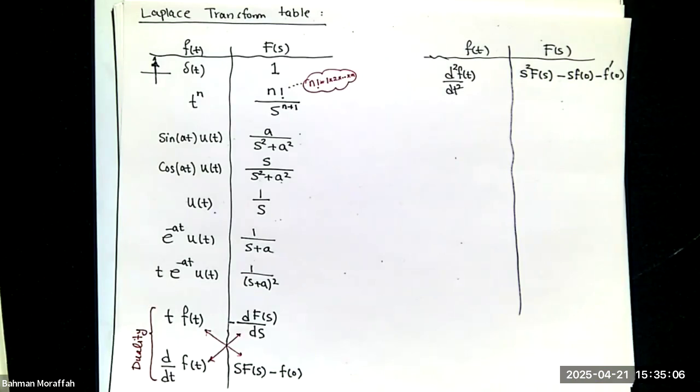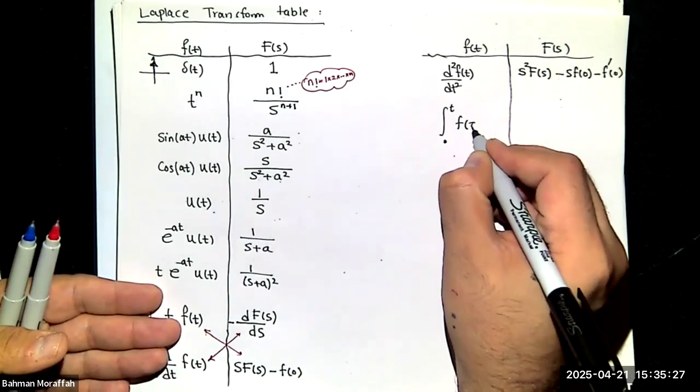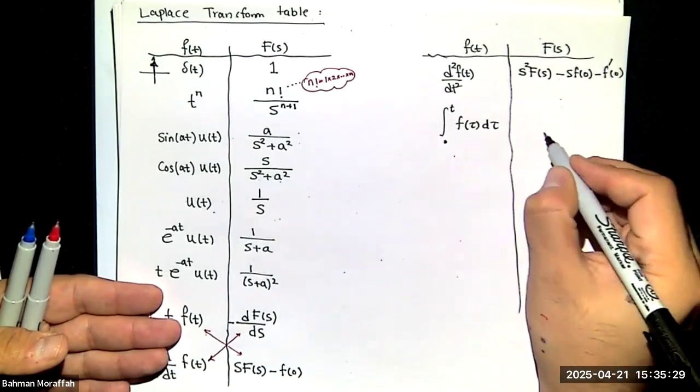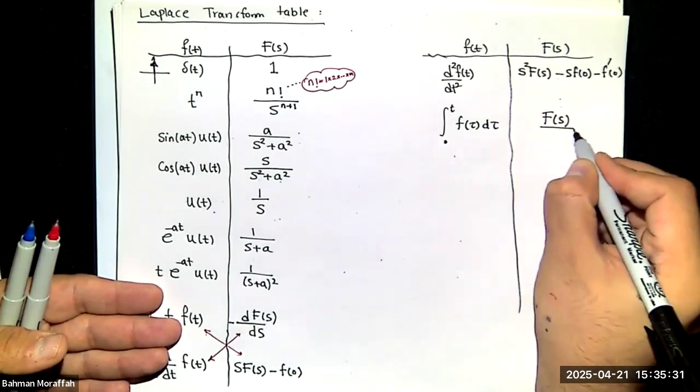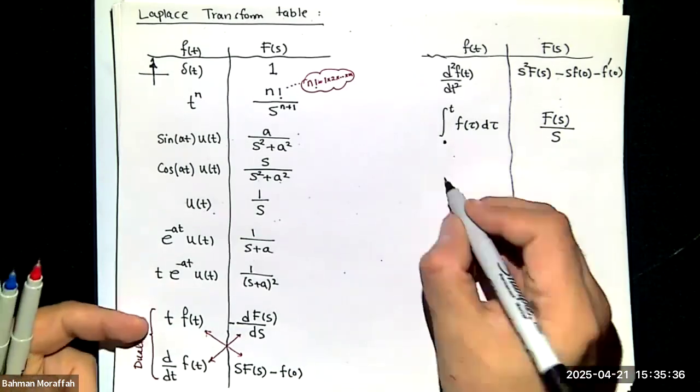Since we can take derivatives, we should be able to integrate. And since we know the integral is the inverse of the derivative, when we're taking the derivative, we multiply by s. When we're taking the integral, we have to divide by s. So if I have the integral from 0 to t of f of tau d tau, that is the same as dividing f of s by s.